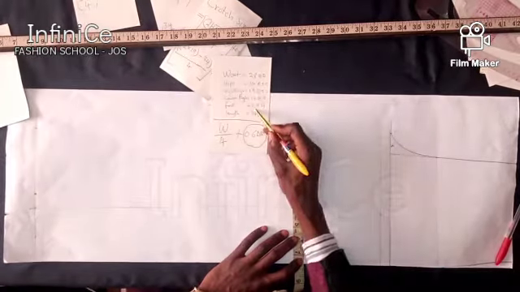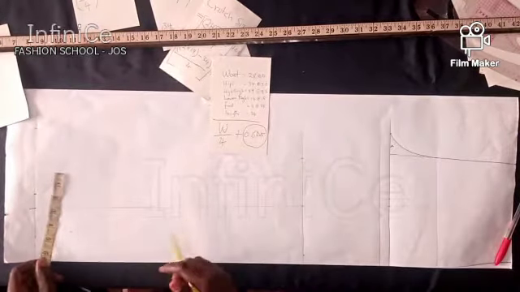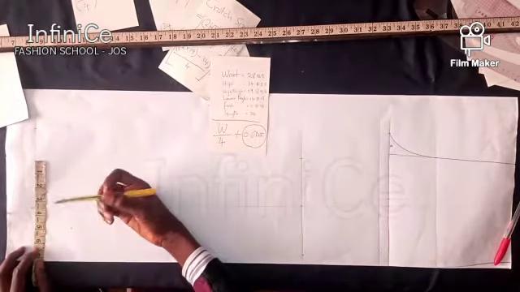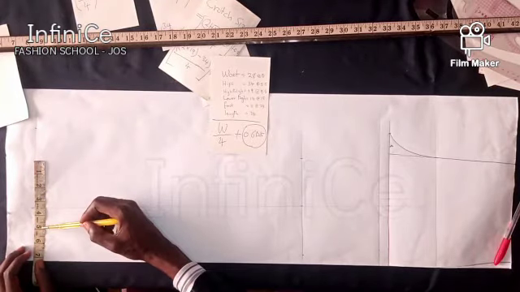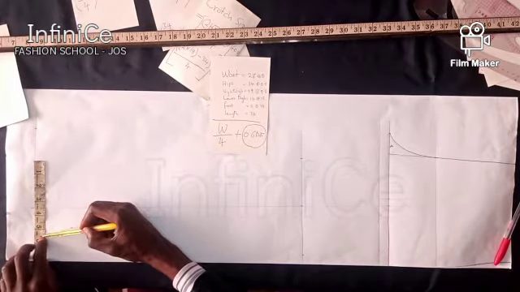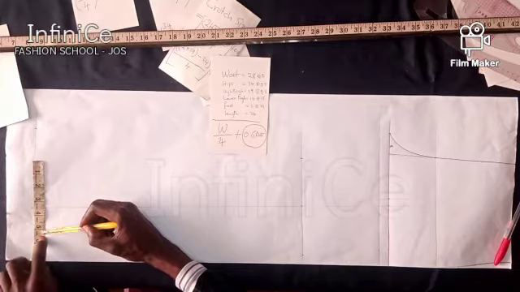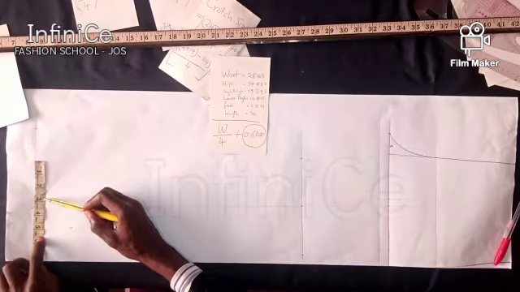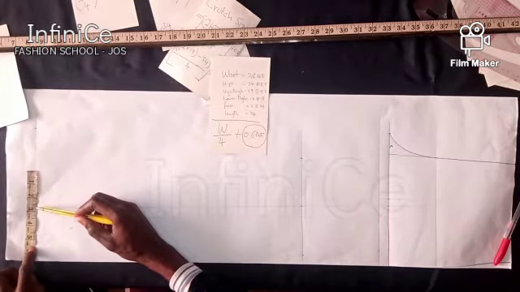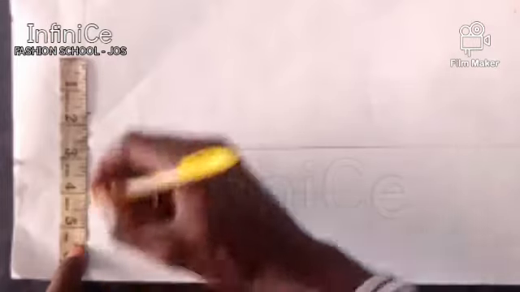We take the foot measurement, divide it by 2, which is 5.5. Look for the middle of 5.5, put it on that mark, mark the beginning, mark the end.